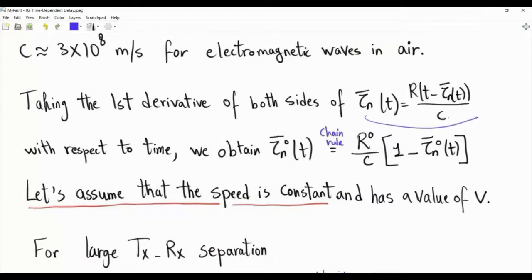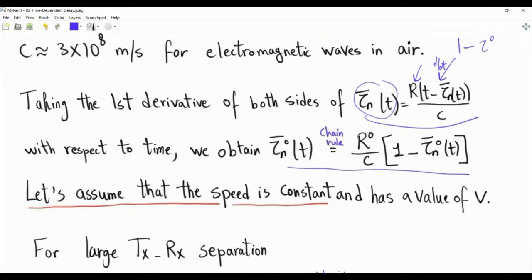So you take the expression and differentiate it once with respect to time. Basically this guy becomes its derivative, and then we have the derivative of r, and when you apply the chain rule, you differentiate what is inside, so d by dt of t becomes 1, and then the delay is a function of time, it gives you tau dot.